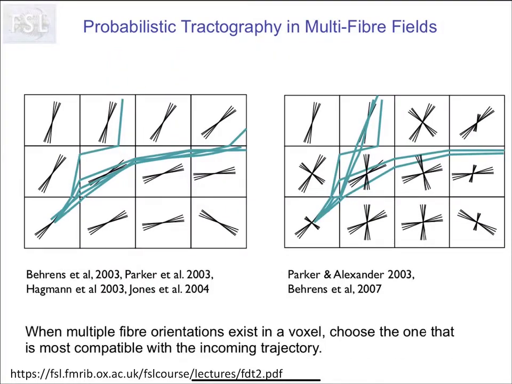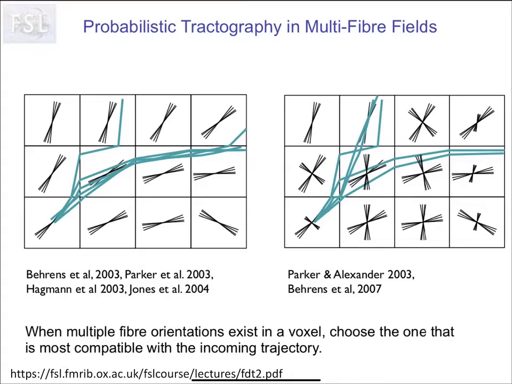And then the other thing it does is that if there are multiple fibers in one voxel, as something's coming in a certain direction, it just picks the one that's most compatible with that direction.